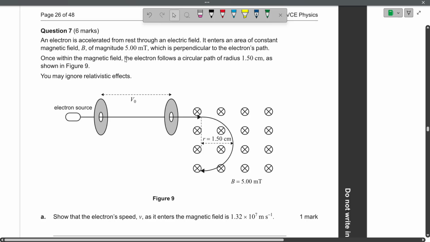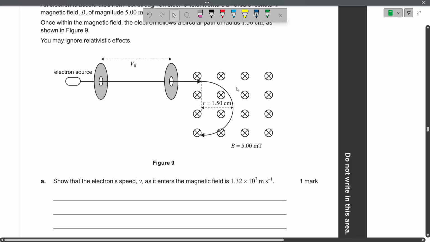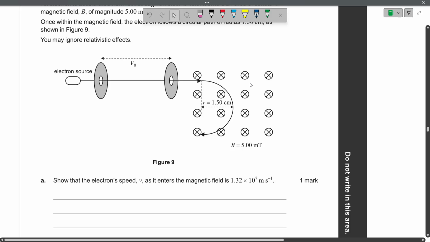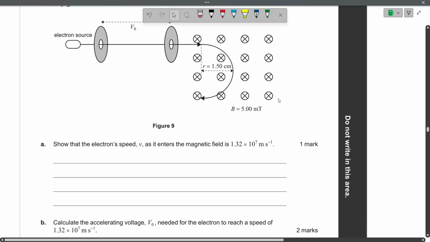Once within the magnetic field, the electron follows a circular path of radius 1.5 centimeters, as shown in figure 9. You may ignore relativistic effects. Part A. Show that the electron's speed v as it enters the magnetic field is this, and it's only 1 mark. So there should be enough information here to just plug everything into a formula and pop out with a number, and that is indeed what we are doing.